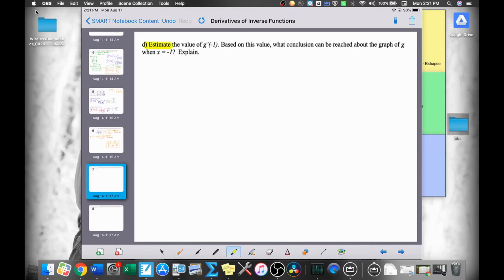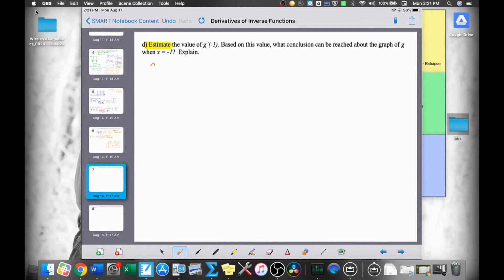Since we don't have an x value of negative 1 in our table, the best thing that we can do is to calculate a slope using 2 points where x is close to negative 1. So how about when x is negative 2 and when x is 0? Those are the two closest x values, and we can use those two x values to calculate a slope and assume that that's a good estimate for the slope when x is negative 1.